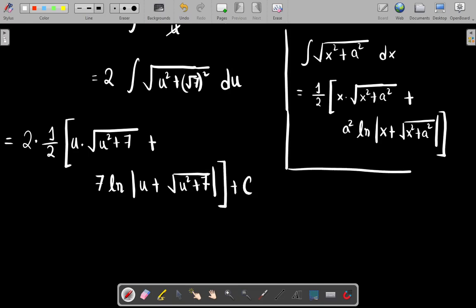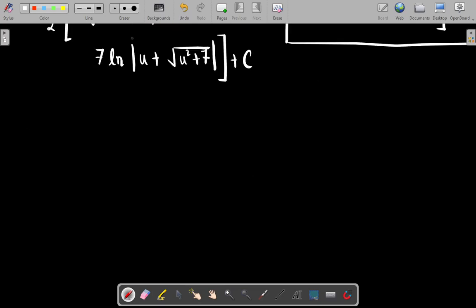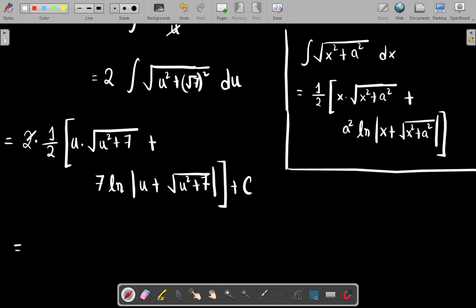I have just used this formula here. You can cross check and verify if there is any mistake. I think it is correct so far. So this 2 and this half will cancel each other. So we have completed the integral.